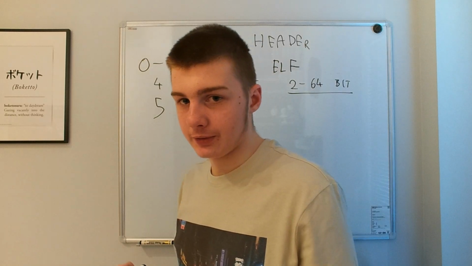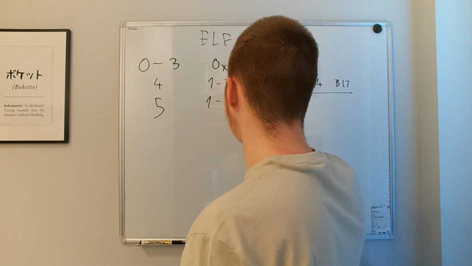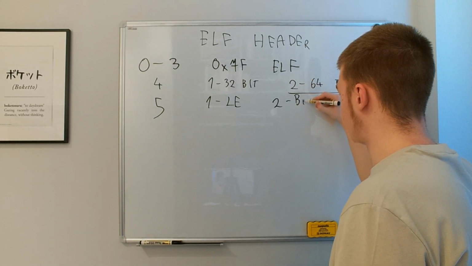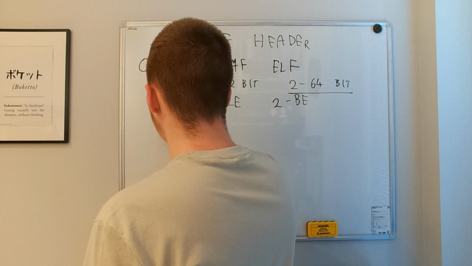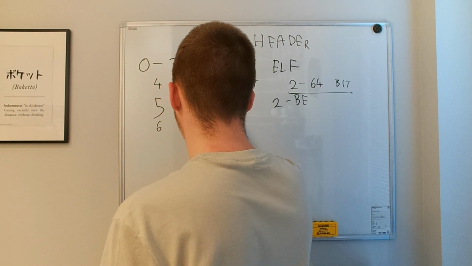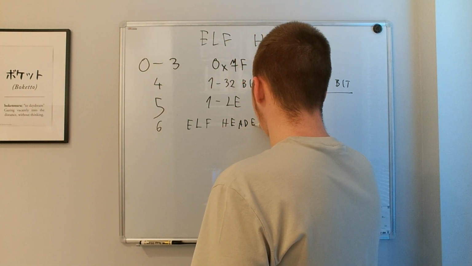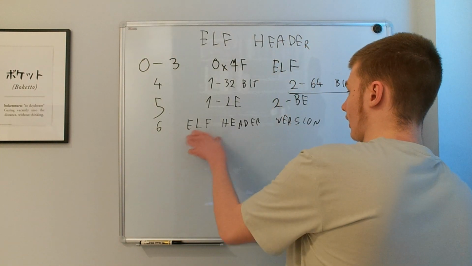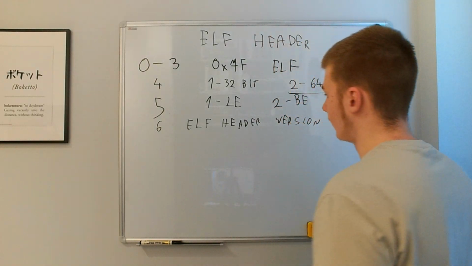Then you have the endianness. If you have 1, this means that it's little endian. If you have 2, it means that it is big endian. Then 6 is the ELF header version. One thing to notice here is this is not the ELF version, just the version of the header itself.